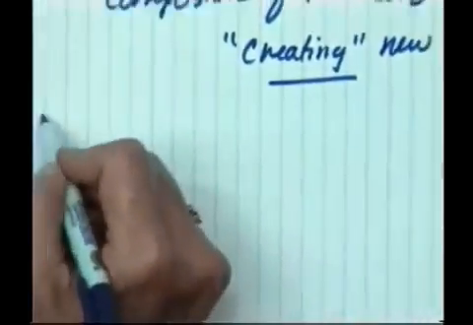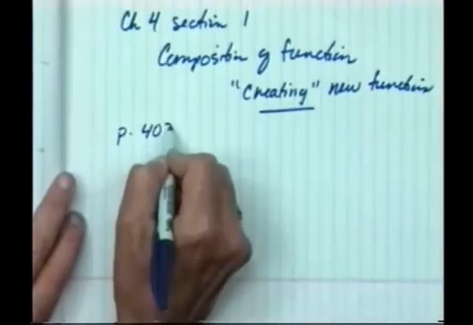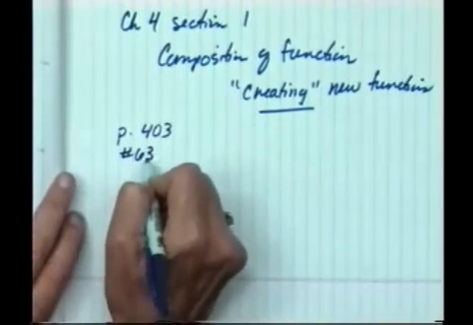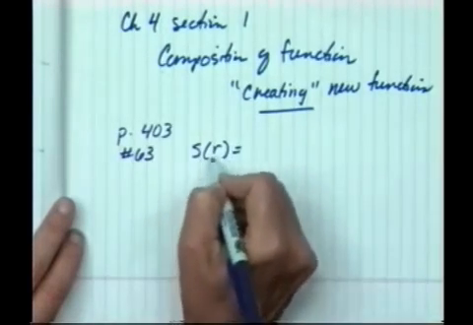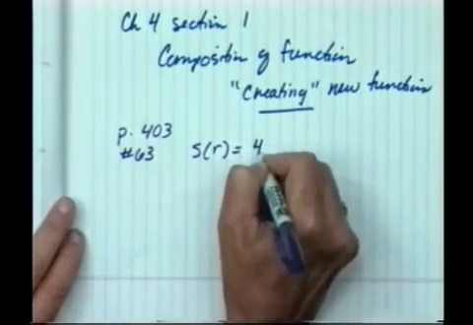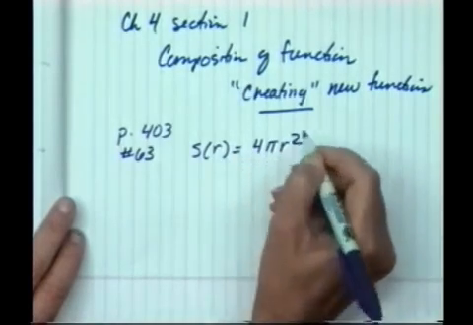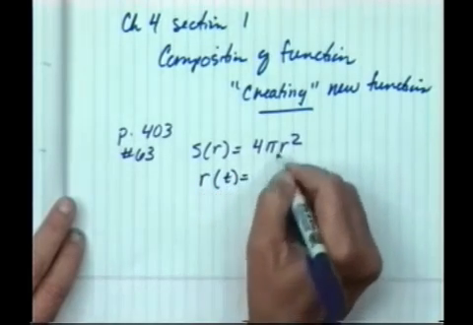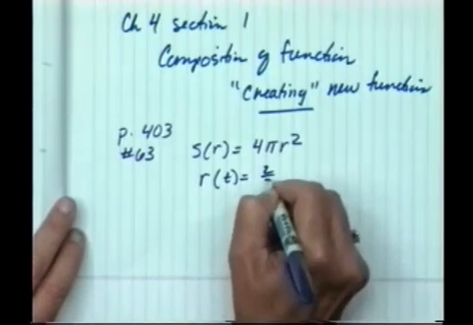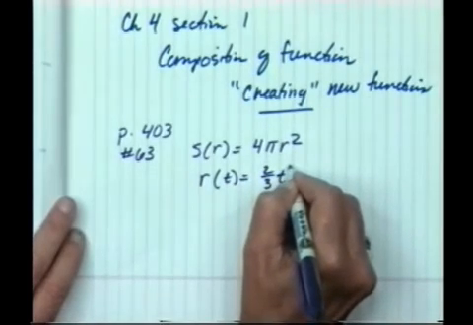Hopefully we have some. All right, page 403, number 63. The information we have is that the surface area is a function of the radius. The radius is a function of time that air is being pumped into the balloon.